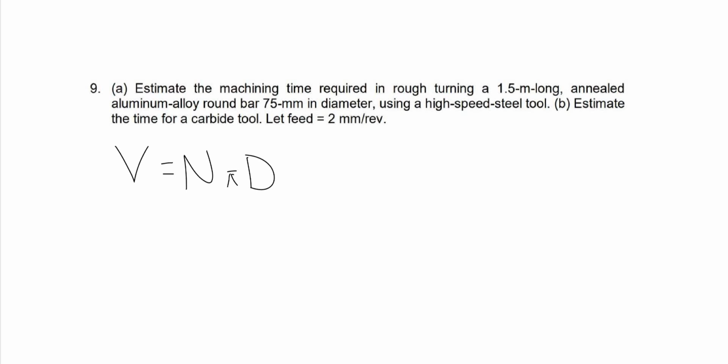So part A, we are using high-speed steel. So for velocity of steel, we assume it to be 4 meters per second. Pi is a constant and our diameter is 75 millimeters, or if we convert that over, it's 0.075 meters.